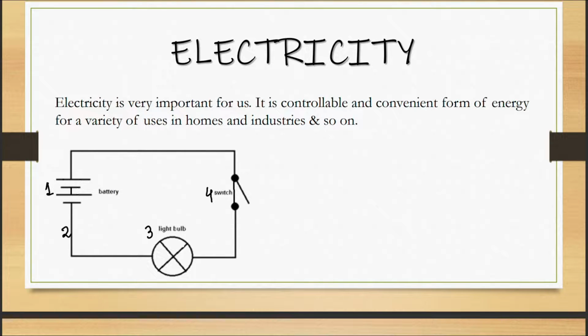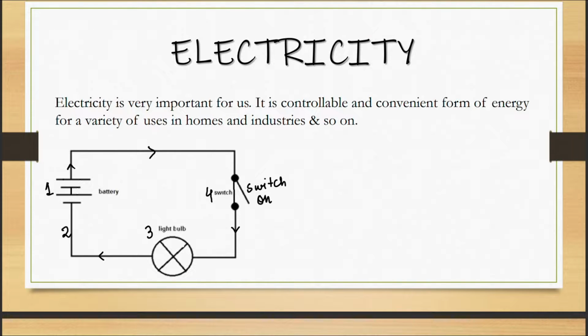So for a closed circuit, or when I say the switch is on, the current will flow. And we must know the current flows from the positive terminal to the negative terminal of the battery. So we must draw it completely. Because I have already connected the switch, I should know the direction of the current: from the positive terminal to the negative terminal.